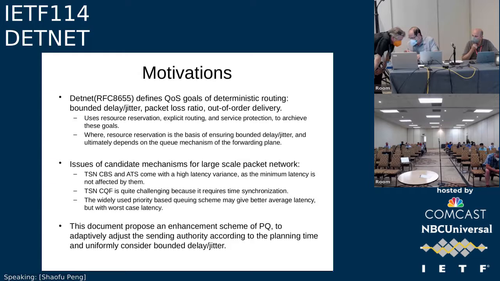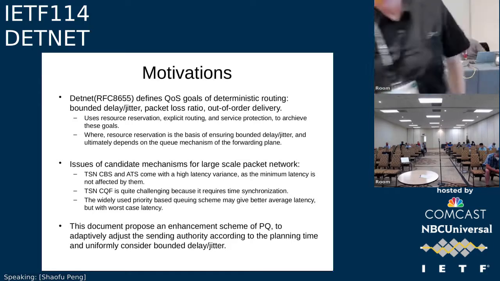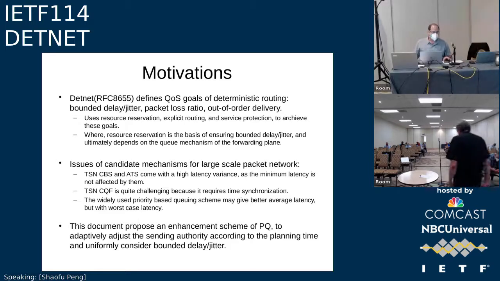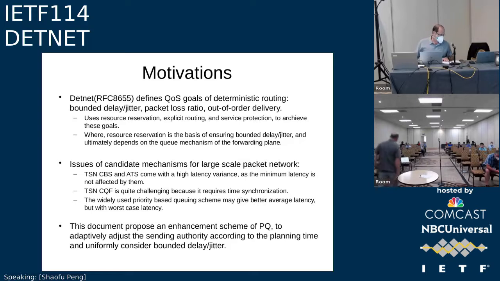Resource reservation is the basis of ensuring bounded delay, and ultimately depends on the queue mechanism of the forwarding plane. As for the issues of candidate mechanisms for large-scale packet networks, CBS and ATS come with a high latency variance because the minimum latency is not affected by this mechanism.